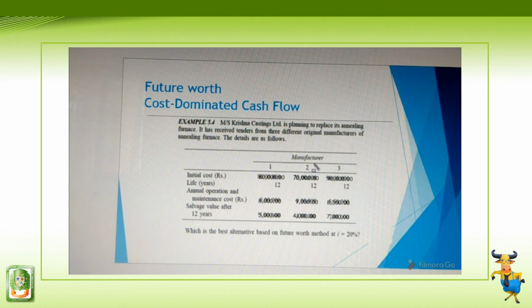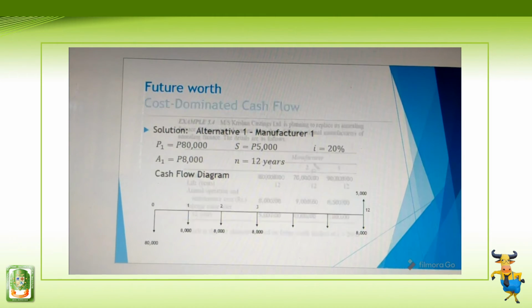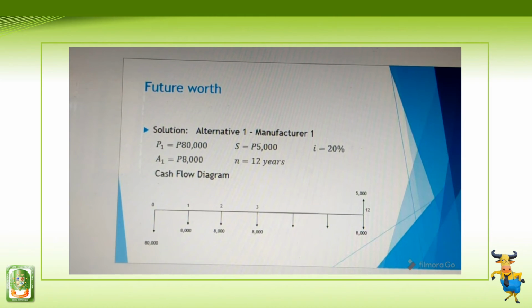So the question is, which is the best alternative based on the future worth method at i equals 20%. So solution. First we will be computing for alternative 1 or manufacturer 1.